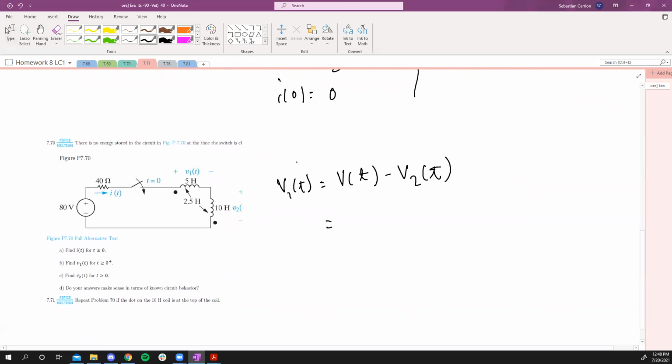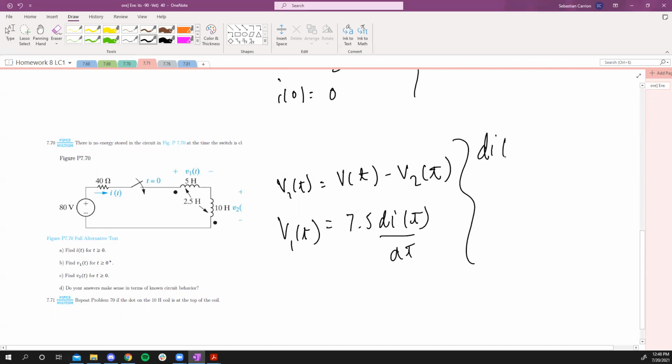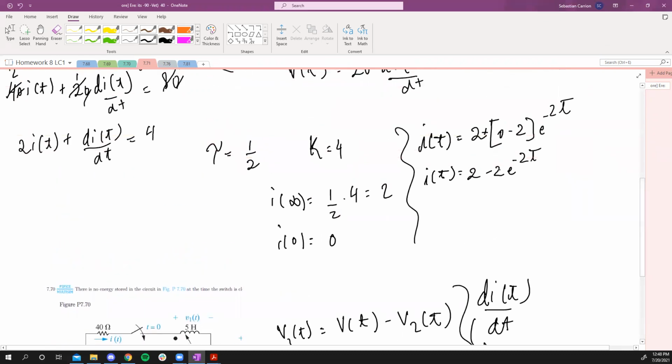So our v1T would be 7.5 dIT over dt, correct?